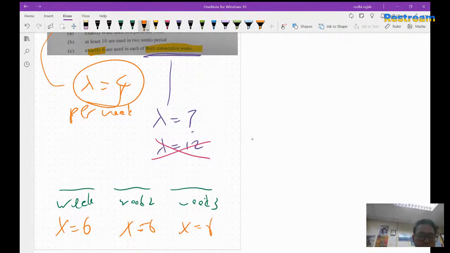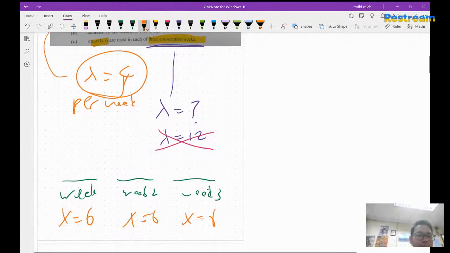This is not 3 weeks in a row as a whole total. It's week 1, week 2, week 3, each with X equals 6. That's the difference when you write it down consecutively.